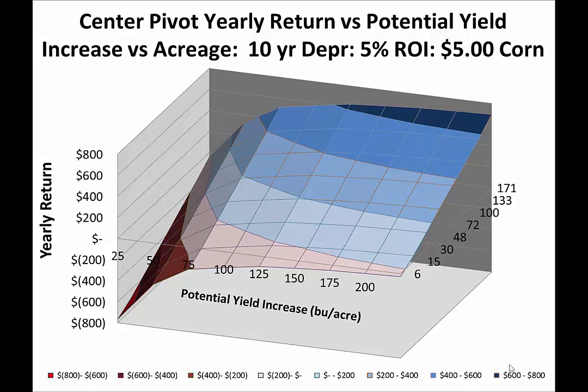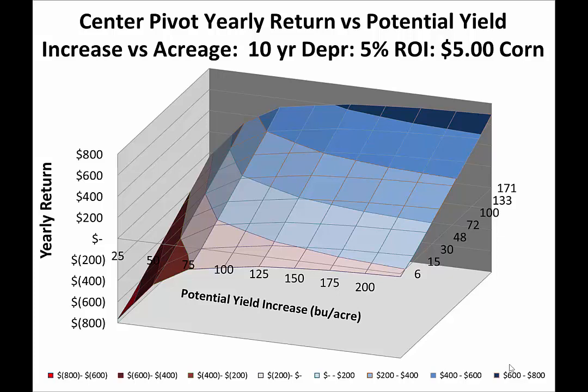Now, one could argue pretty quick that, you know, here's 25 bushels. No, you don't ever make it work with a 25 bushel yield increase. But at 50, as long as it's pretty big, and if you get a 100 bushel yield increase, shucks, you can get down to a 25 acre system and it comes out. That's using 10 years of depreciation.